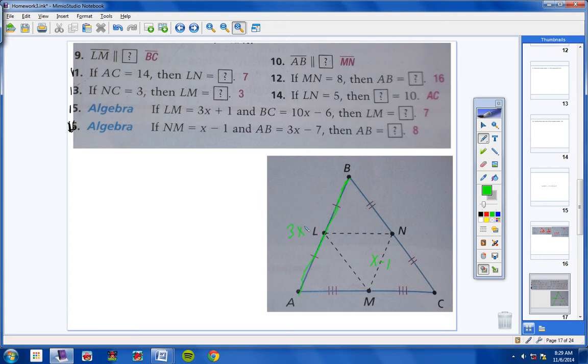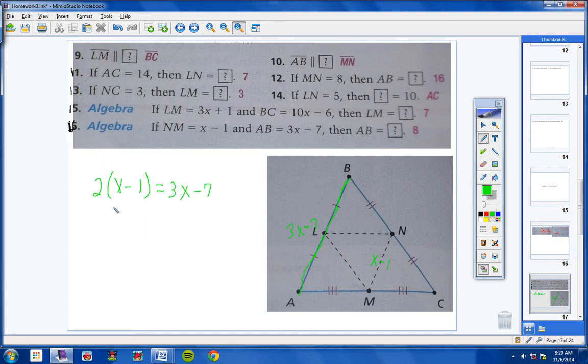So it's the exact same problem all over again, okay? We can take x minus 1, the smaller segment, and multiply it by 2. And then it will equal the longer segment, which is 3x minus 7.